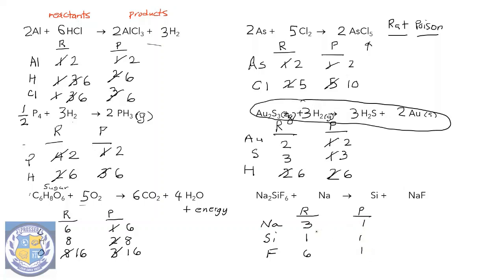So what are you going to balance first? Well, why don't we balance the fluorine first, since it's on both sides. If we balance fluorine, it's also going to affect the sodium. So I'm going to put a 6 in front of the sodium fluoride on the right, and that'll give us 6 fluorines.